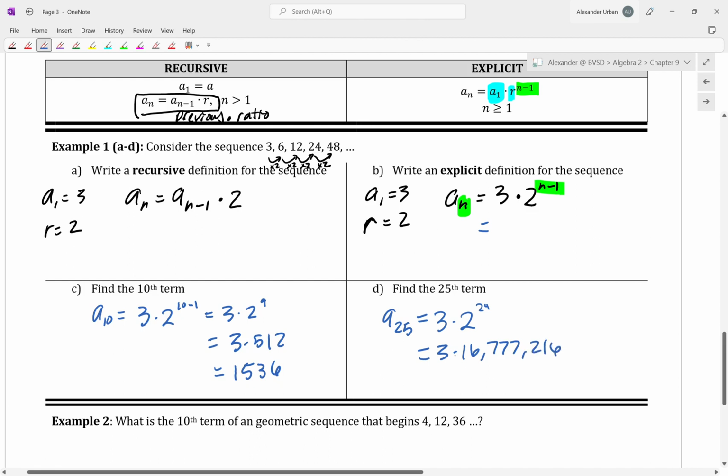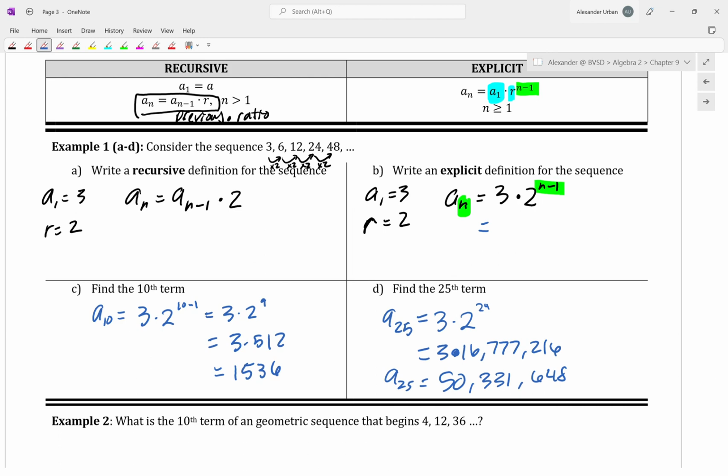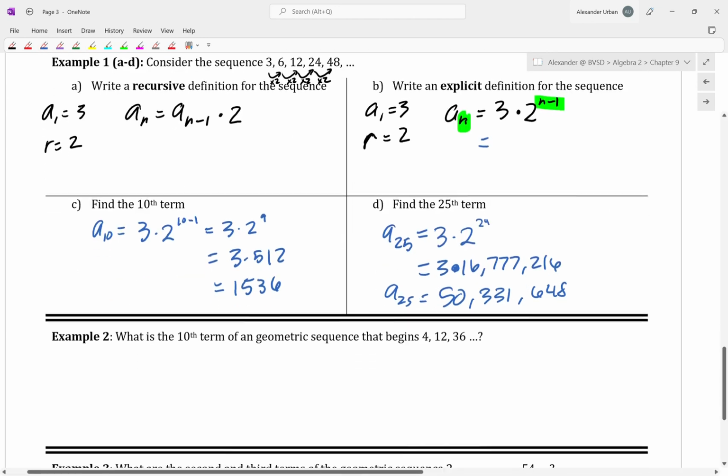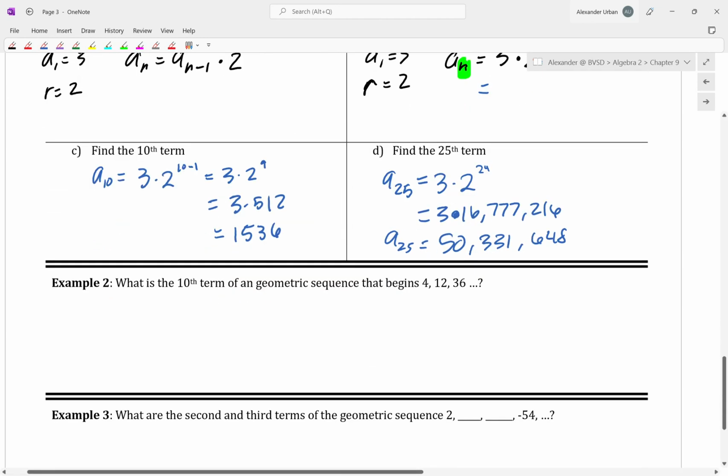So now I'll multiply by 3, and we end up with 50,331,648. That's what my 25th term will be equal to. And you can see that these are geometric because they're multiplicative. So each one gets bigger and bigger by doubling it essentially, or multiplying by 2.